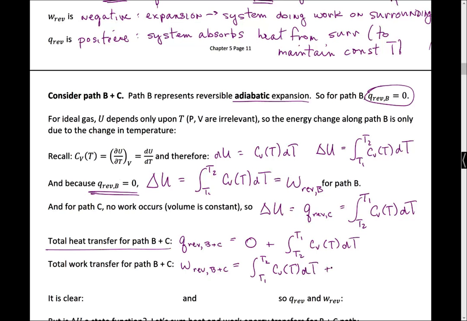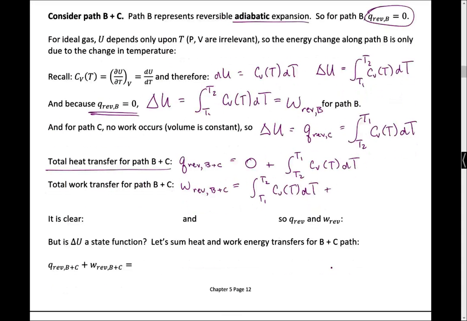And because we're holding the volume constant for path C, that means the work for path C is equal to 0. Now it's very clear that if I go back and compare this reversible heat transfer and reversible work transfer for path B plus C with A, we saw that that's equal to nR ln V2 over V1. That's not what I have here, right?